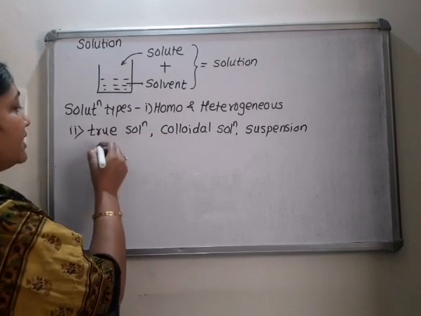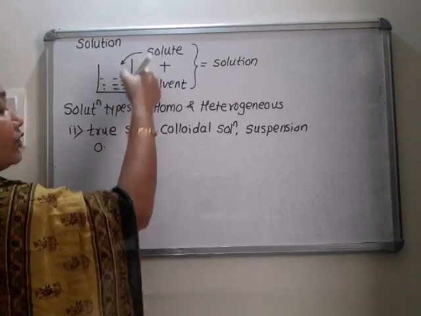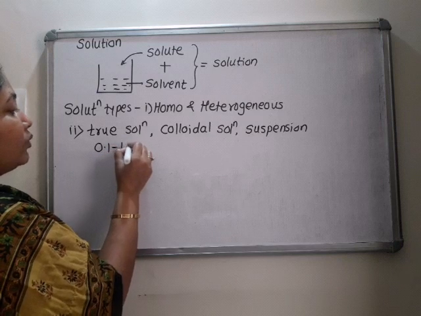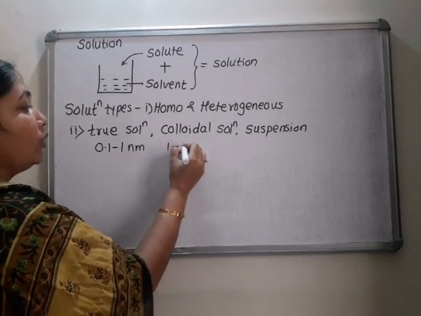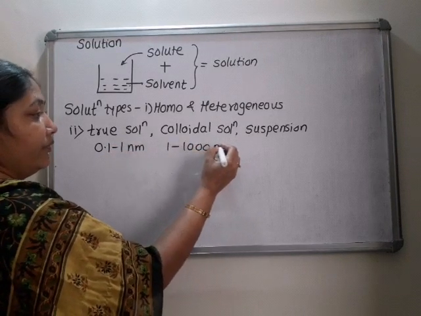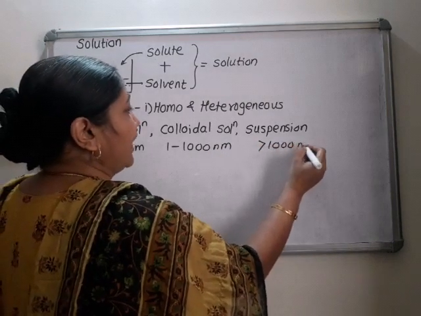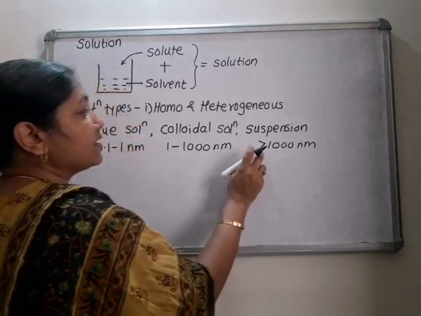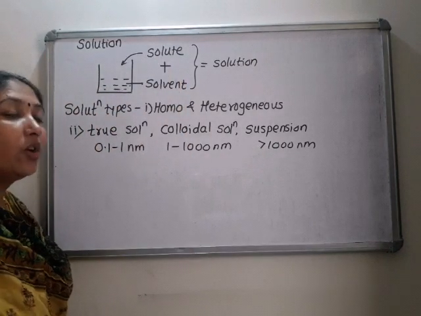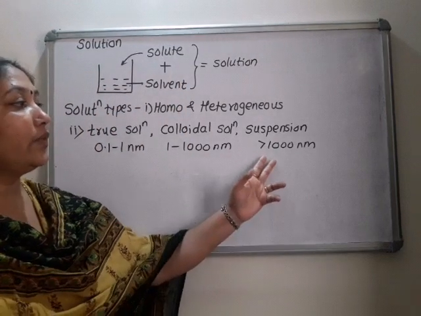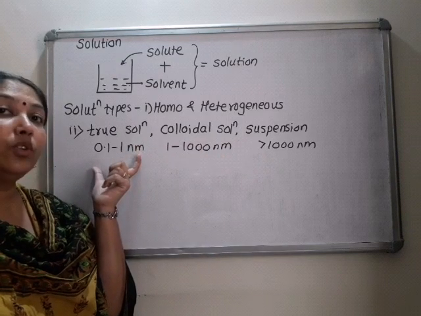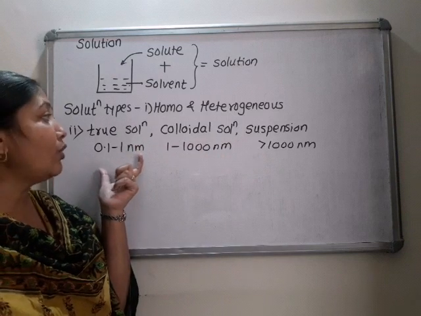Here the particle size of solute is between 0.1 to 1 nanometer. Here 1 to 1000 nanometer, and here greater than 1000 nanometer. Means here the size of solute is very large. Here solute size is very small.